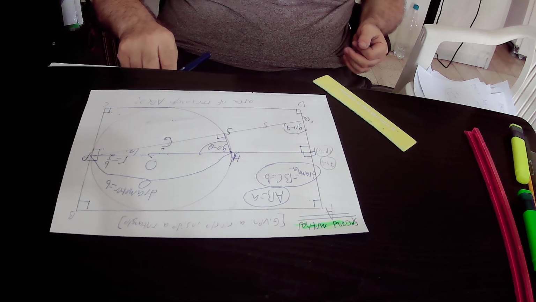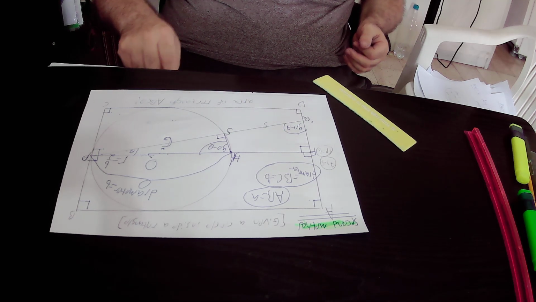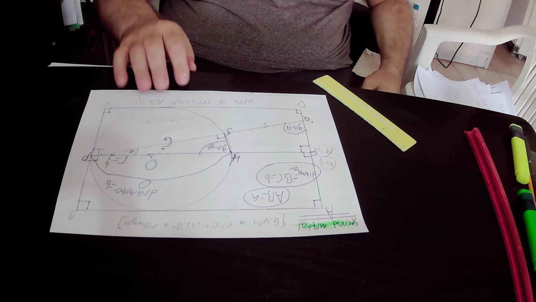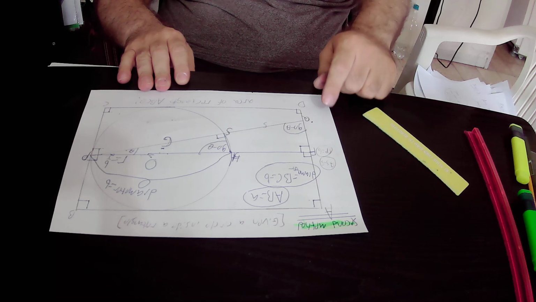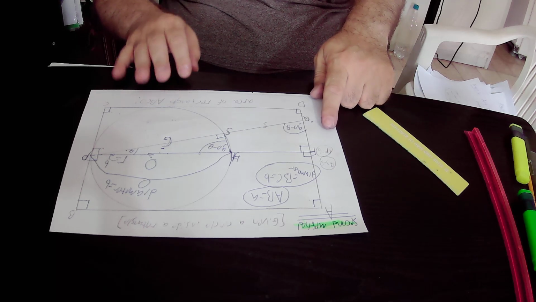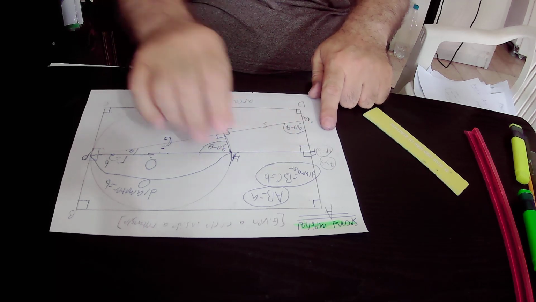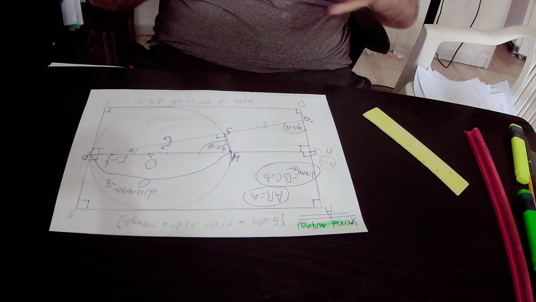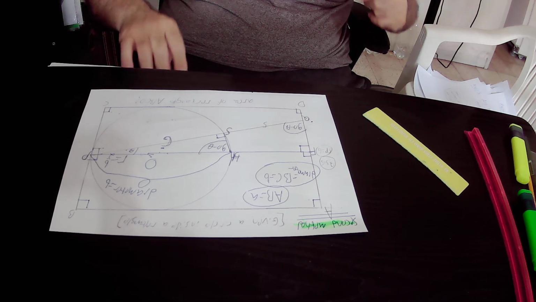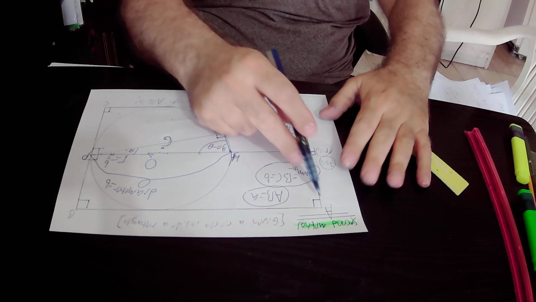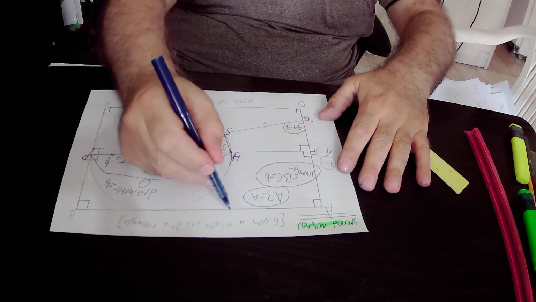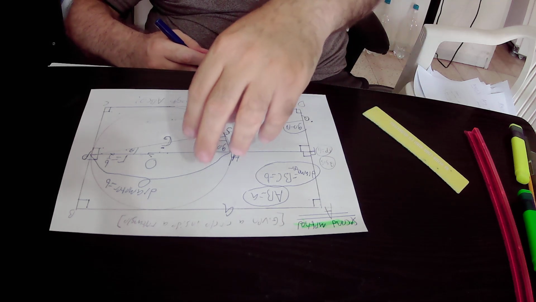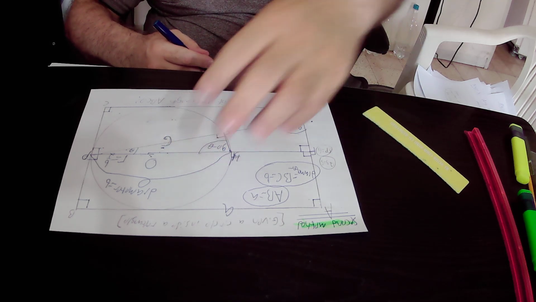In the next step, but before that, we have already proved that quadrilateral ABFP is a rectangle. And we know that the opposite sides of a rectangle are equal to each other. According to our definition, AB equals A. And the opposite sides of this rectangle ABFP are equal to each other.